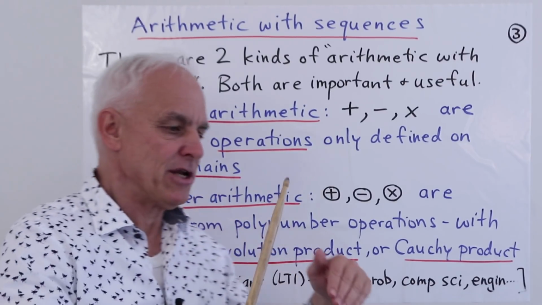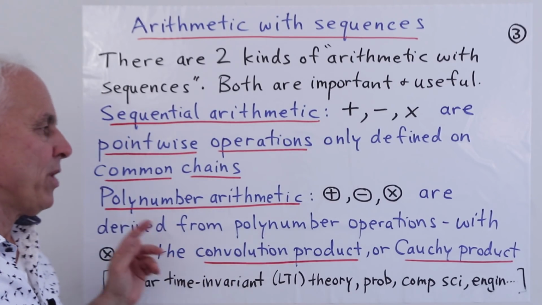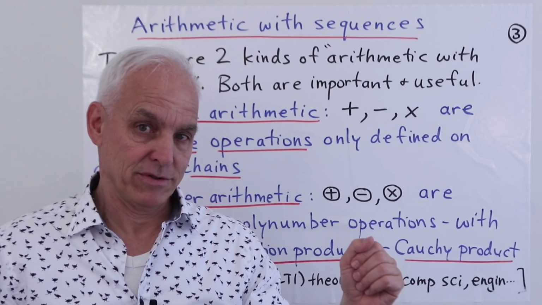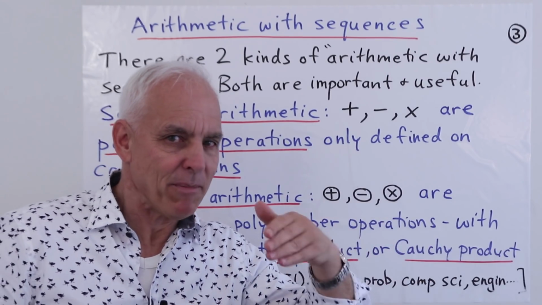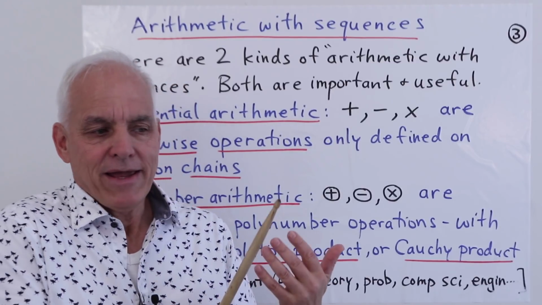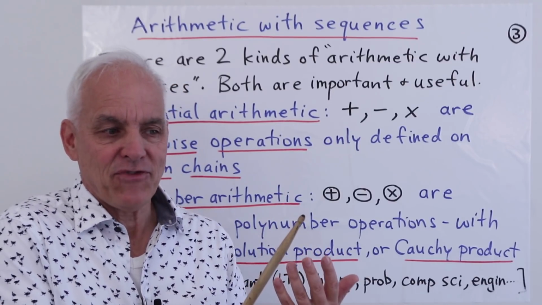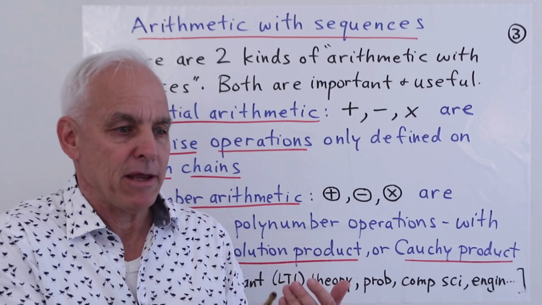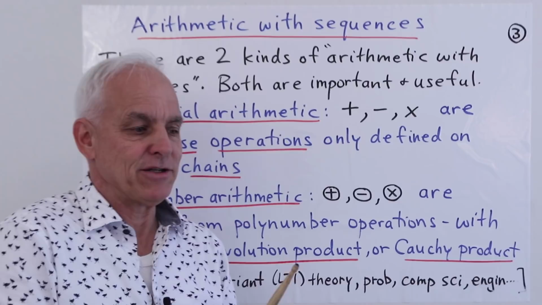But there's another approach where we think of the sequences as being pretty close to polynumbers. After all, we defined polynumbers originally in a sequence kind of fashion. So it's often interesting to think of sequences as being some kind of polynumbers, and then we can apply the polynumber operations to sequences.